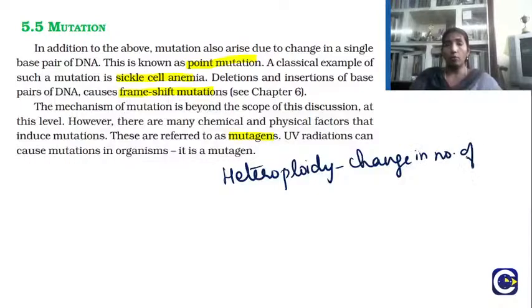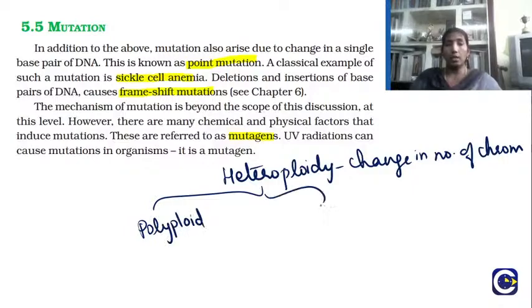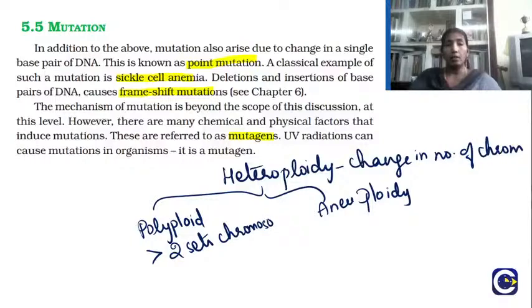Heteroploidy is the change in the number of chromosomes. It can be either polyploidy or aneuploidy. When I say polyploidy, the organism has more than 2 sets of chromosomes, like triploid, tetraploid, and so on.